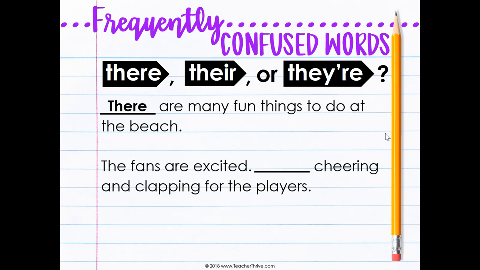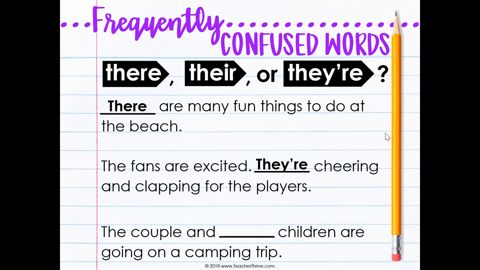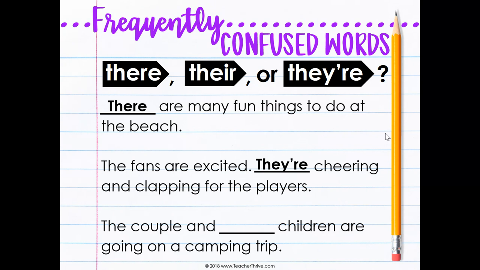Remember, the one with the E-I-R is talking about owning something, their car. It's the apostrophe R-E because it says they are cheering. All right, the couple and their children are going on a camping trip. Their, because it is their own children.